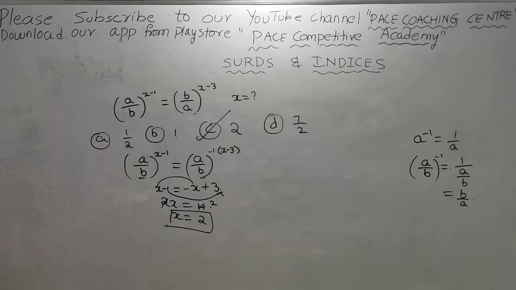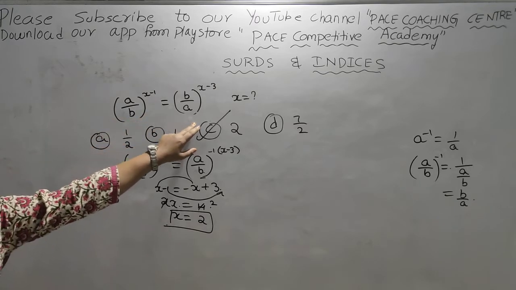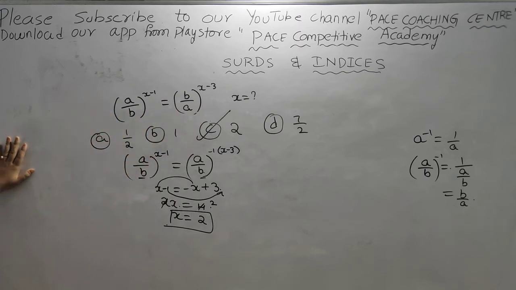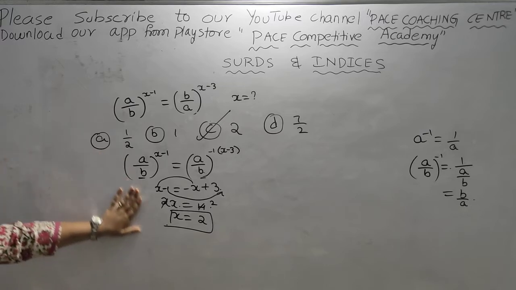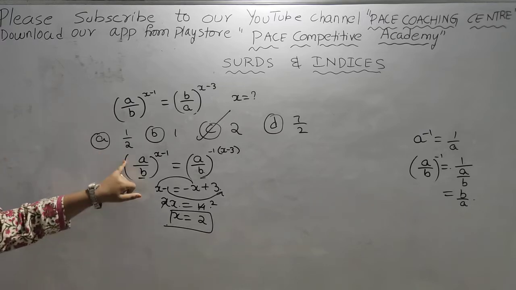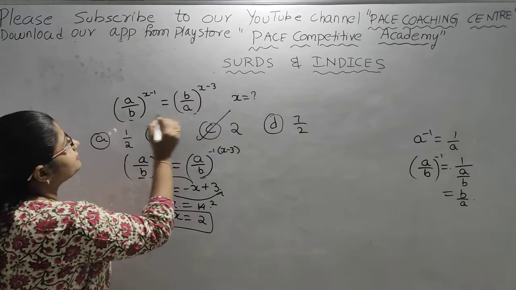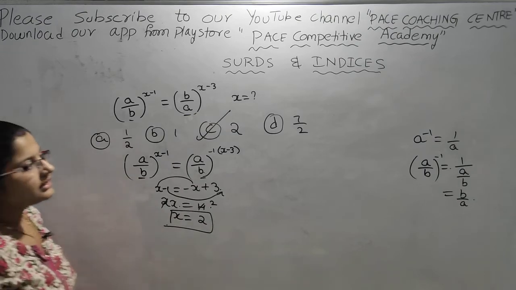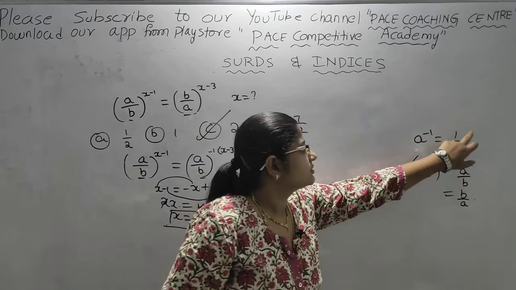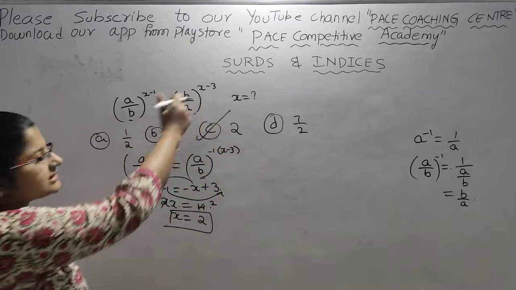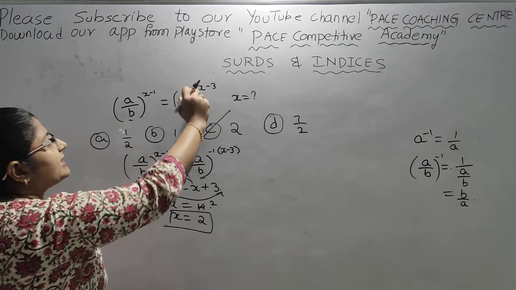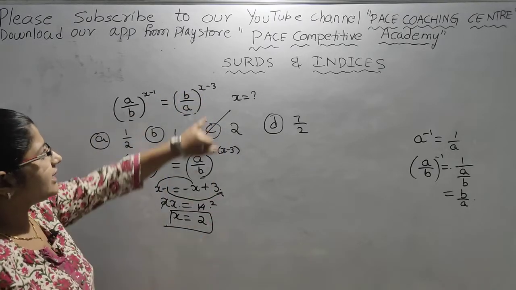If a question like this is asked in your examinations, how to solve it? You need not apply all these steps. You can solve it in a single statement. If the inverse is given, you already know a inverse is equal to 1 by a. So if you inverse this, you need to add a minus 1 in the power.